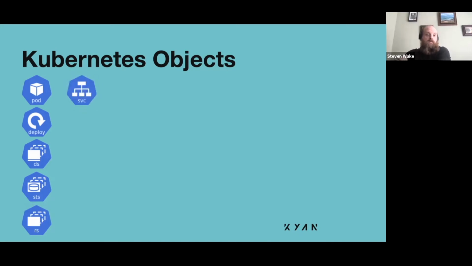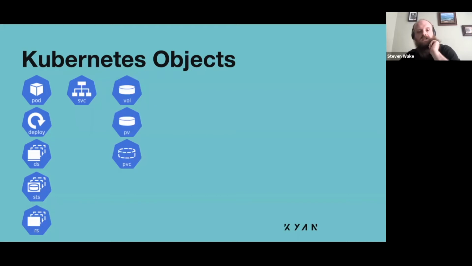You've got services, which represent how the networks work within your cluster. There are lots of different types, so I'll be showing you two later on. You've got volumes, persistent volumes, and persistent volume claims. As you might guess, they persist data for you, and you attach them to pods. You've got secrets for managing sensitive information between Kubernetes objects.